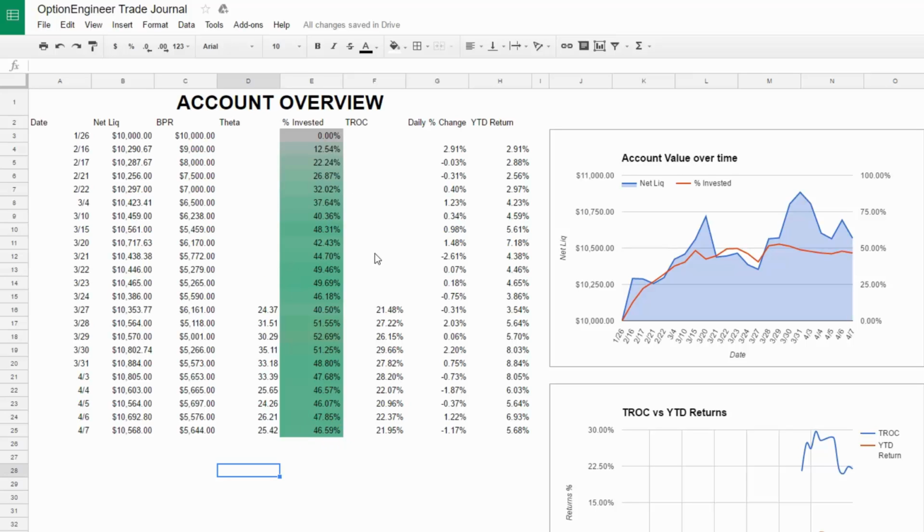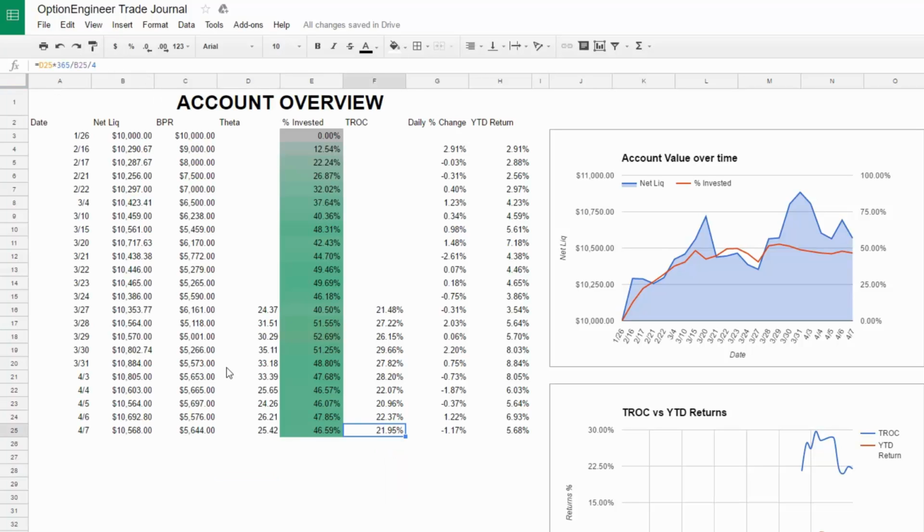Next to percent invested, I calculate the Theta return on capital. This was from a previous Market Measures, or I think it might have been Options Jive, one of the research segments from Tasty Trade. It's essentially a formula, and I'll show you here.